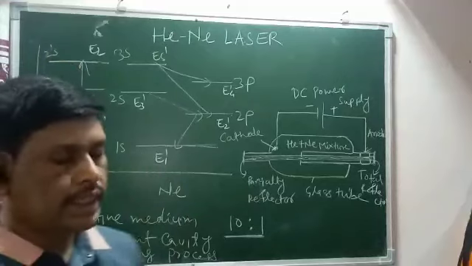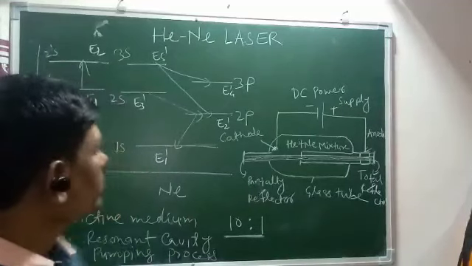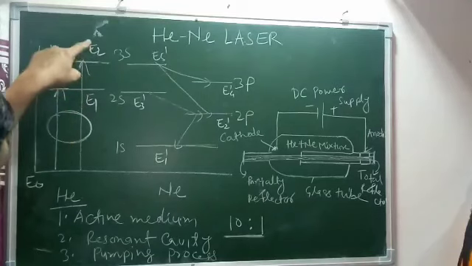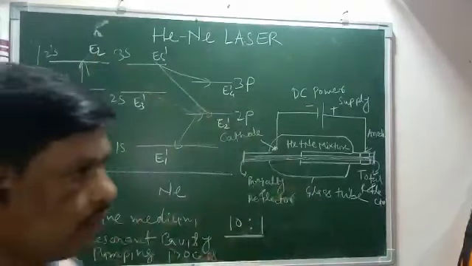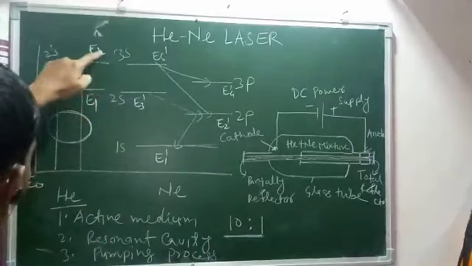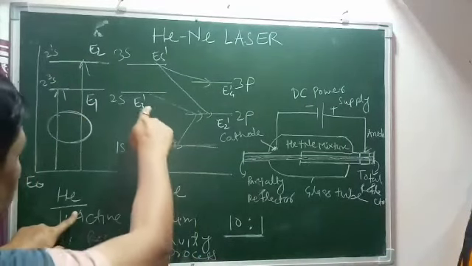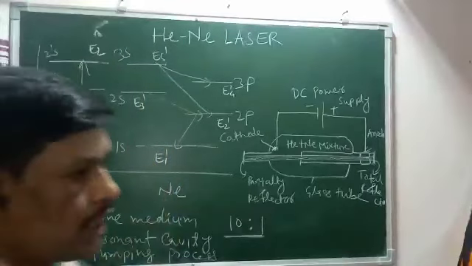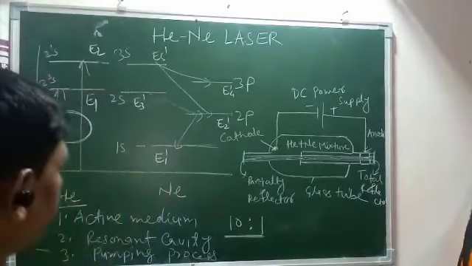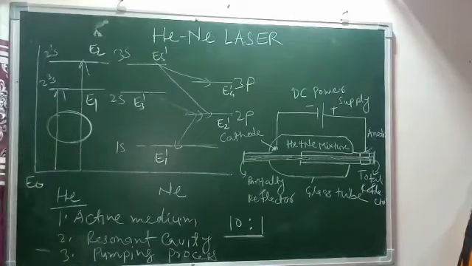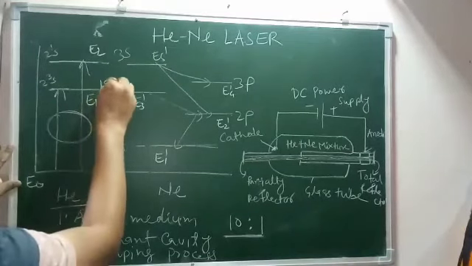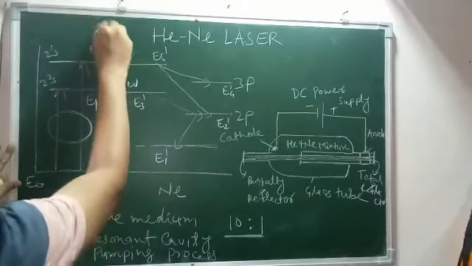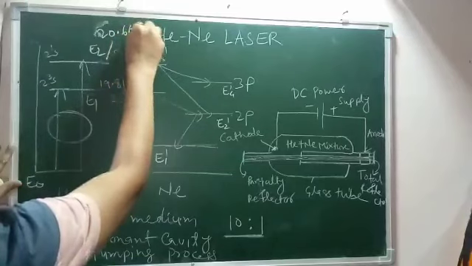Now, as we said earlier, the metastable states of helium and neon are almost equivalent. So the E1 and E2 of the helium excited state are approximately equal to the E3 prime and E5 prime of the neon atom, which are approximately 19.81 electron volts and 20.66 electron volts.